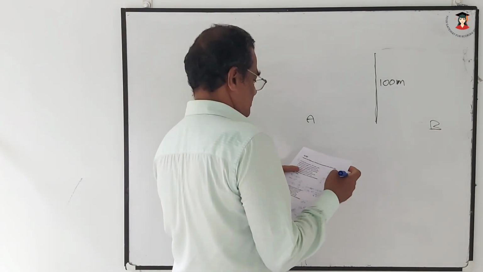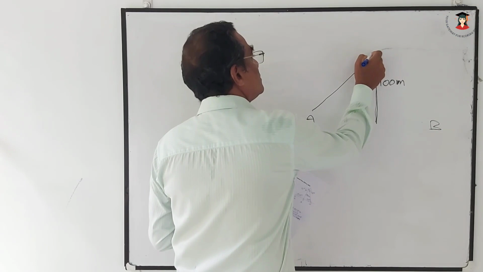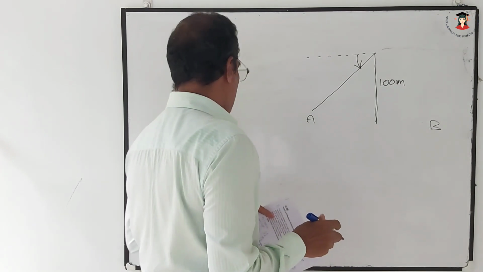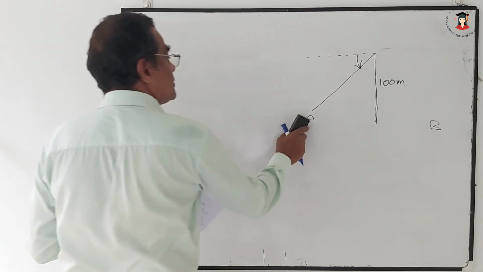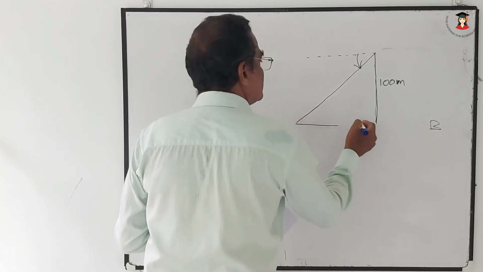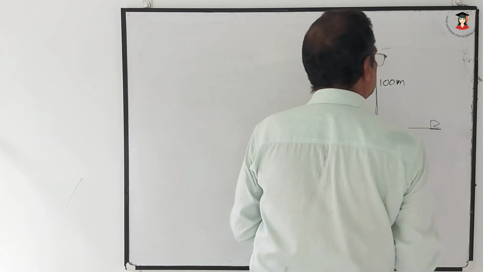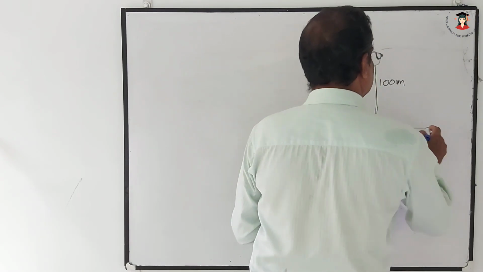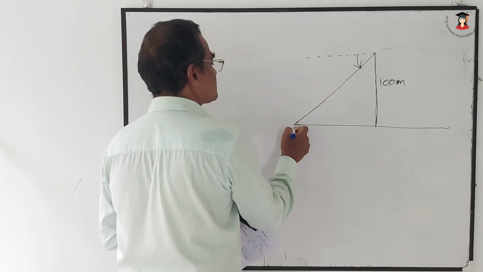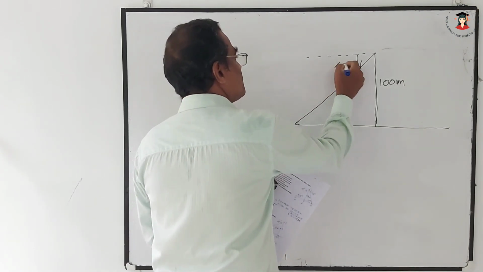And the angle of depression is always from the horizontal. The angle of depression of A is 45 degree.